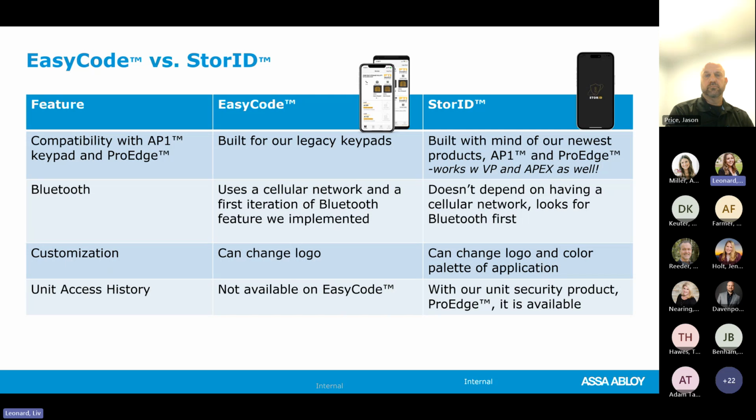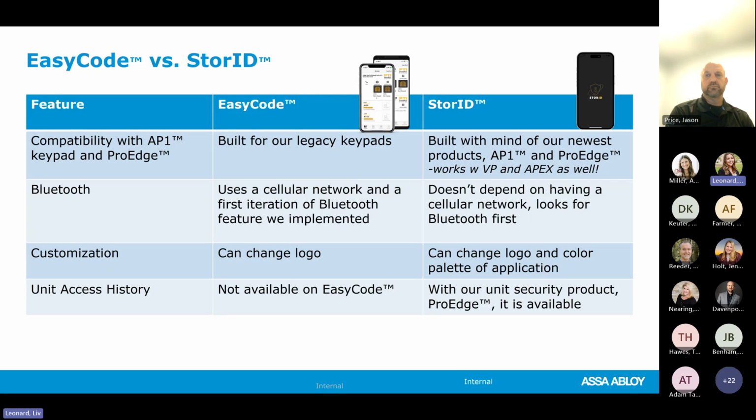So as far as unit access history goes here, EasyCode offers facility visibility, but it's not as unit specific as StorID. In EasyCode, you can see gates and door access, but there are no unit security access logs associated with it. So in this case, StorID offers a more robust access log and paints the full picture of who accessed the unit and when.